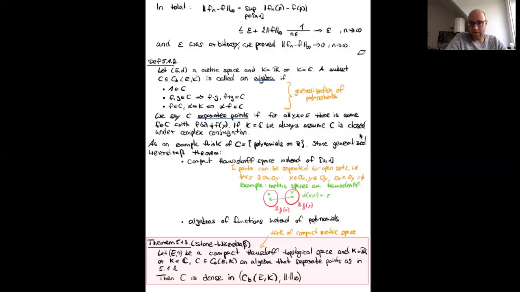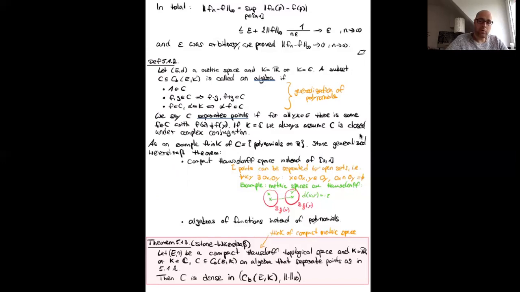So if f is in there, then the function f bar, which we obtain by pointwise conjugating every f, so f bar of x is just the conjugate of f of x, should also be in the class. So we are always going to assume this. So most important example, if K is C, we take the polynomials, the real polynomials.